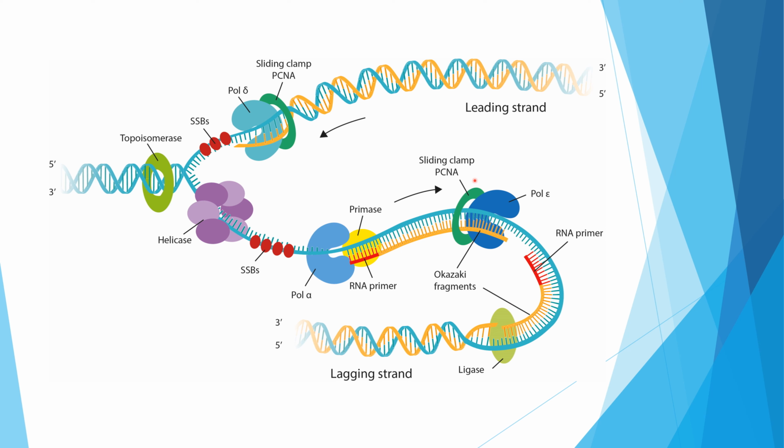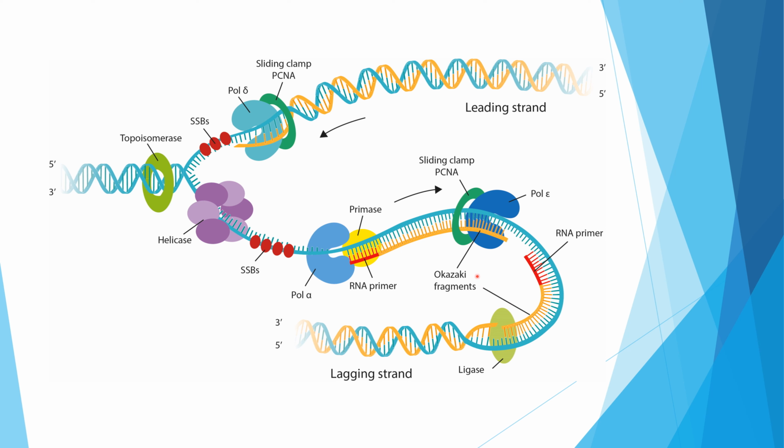The sliding clamp, or proliferating cell nuclear antigen, acts as a processivity factor for DNA polymerase epsilon at the lagging strand, and it is also essential for DNA replication. Polymerase epsilon is involved in replication on the lagging strand, and it is also involved in proofreading and DNA repairing activity.